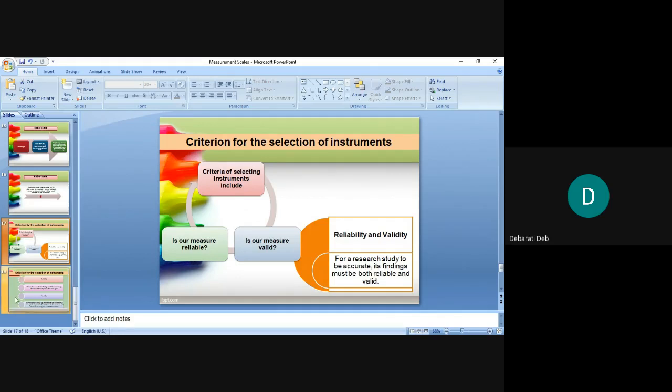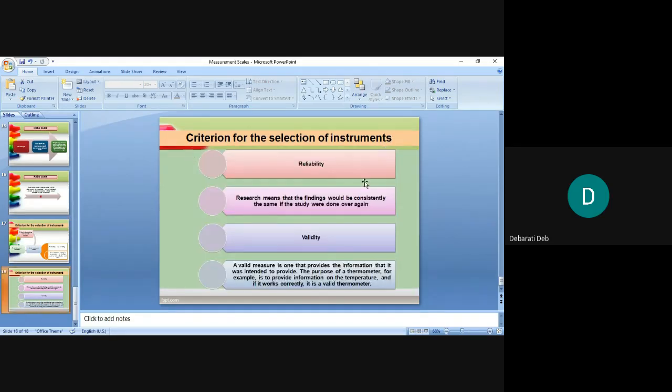Okay. Then criteria for selection, reliability. Reliability in research means that the findings should be consistently the same if the study were done over and over again. Consistency should be there. The same result should occur. Then validity means a valid measure is one that provides the information that it was intended to provide.